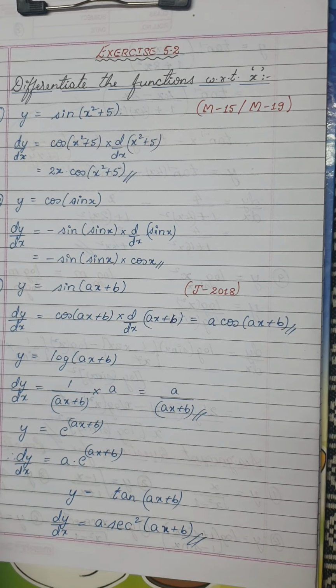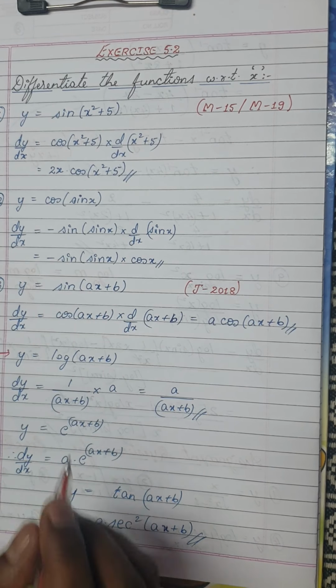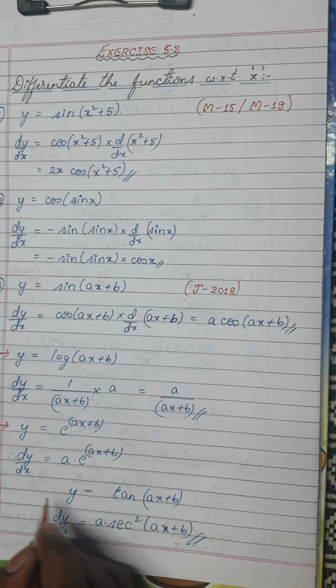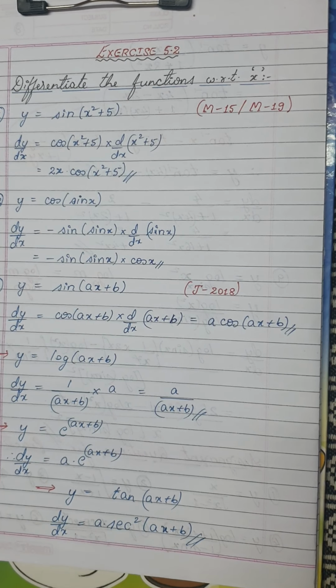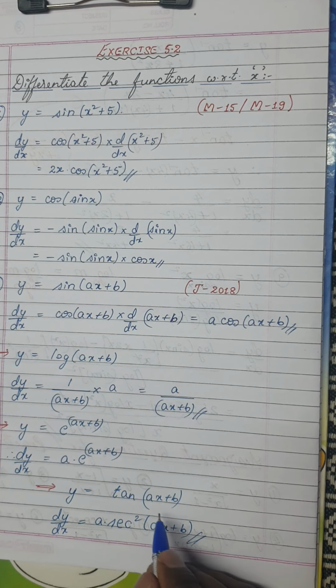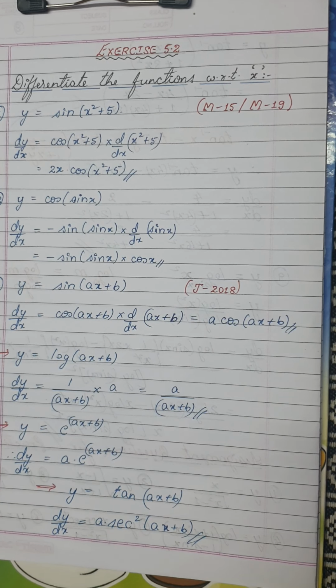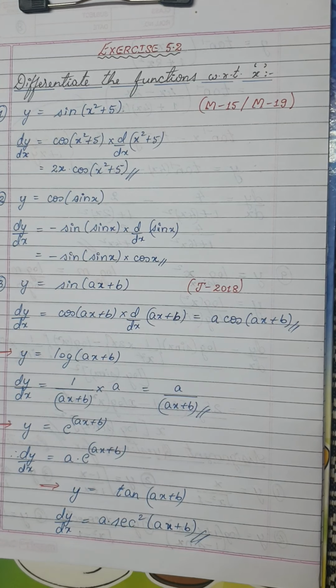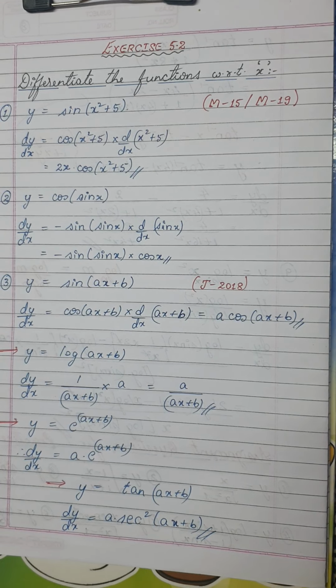You can easily get 1 mark when you have questions like this in ax plus b form. Sometimes you will have a constant, maybe 2x plus 3 or 3x plus 5, so we are going to see that kind of questions now. Remember, these are all 1 marker questions, and most of them are asked in your final year examination in 2nd PUC mathematics.